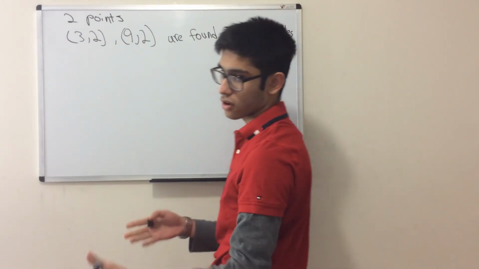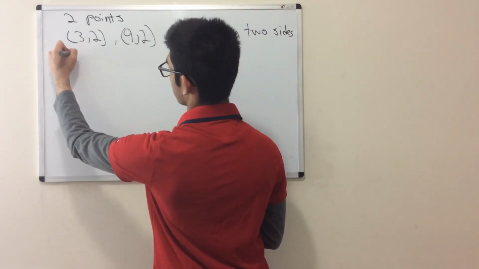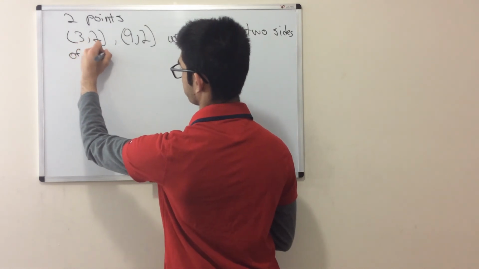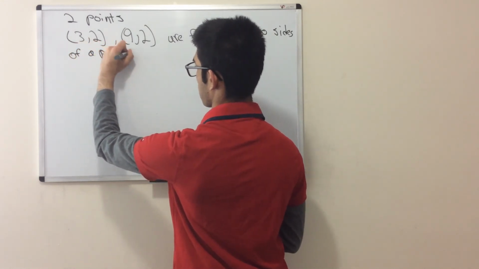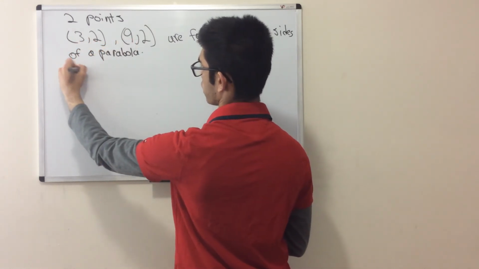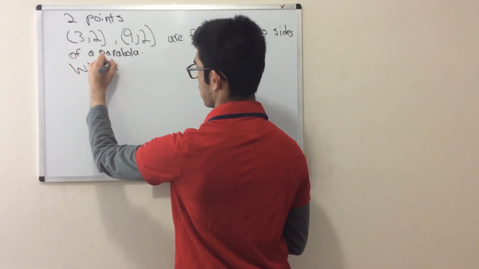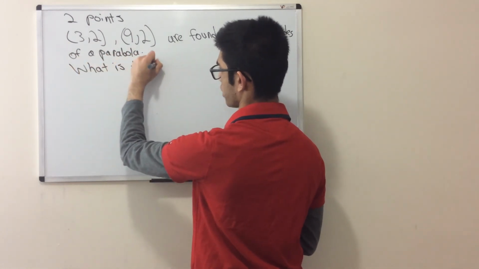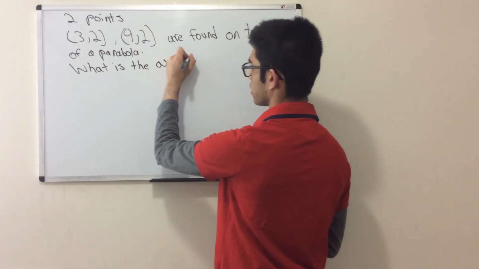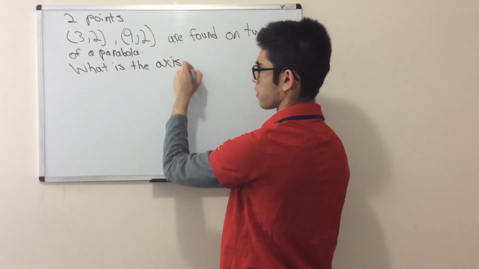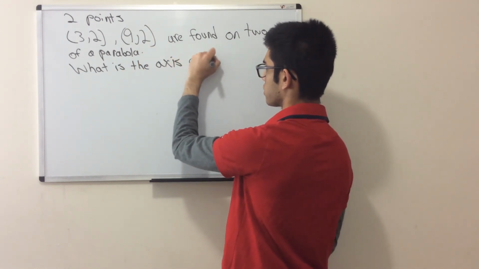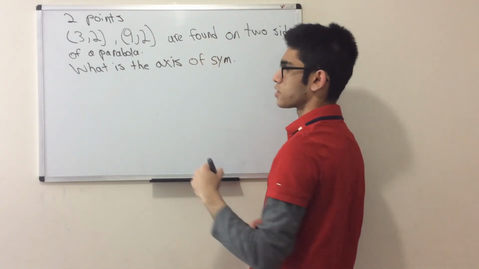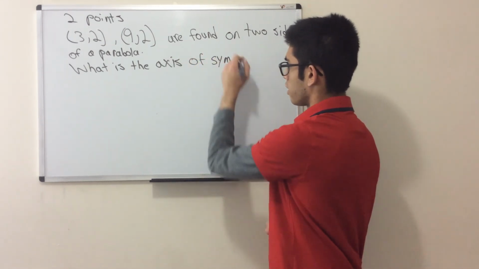A parabola is the curve that we've been talking about, right? And what is the axis of symmetry? This is something you might see in the first little bit of a quadratics unit. Axis of symmetry. Again, you would write out symmetry, not just put a dot like that.